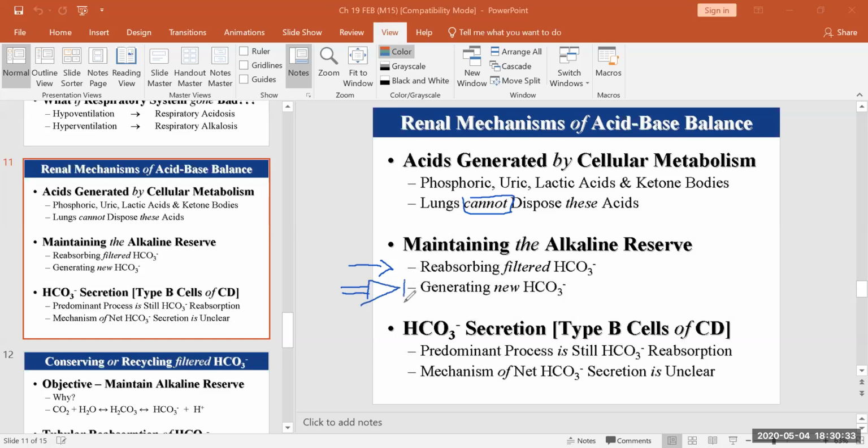And this is an amazing ability, because that bicarbonate is used as a buffer to prevent acidification of our body fluids, and also to neutralize that gastric juice coming from your stomach into your small intestine.